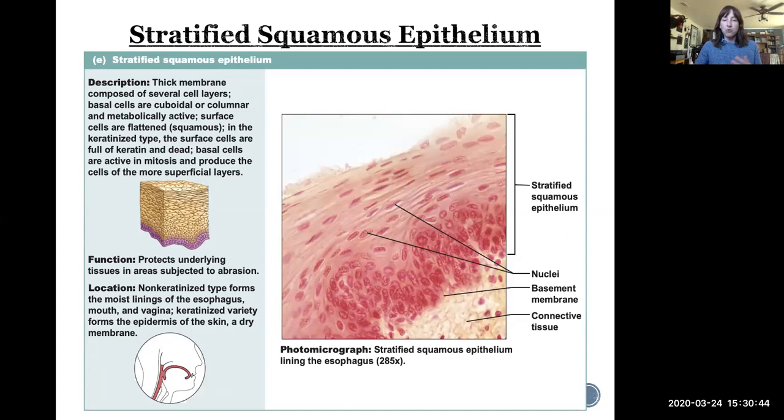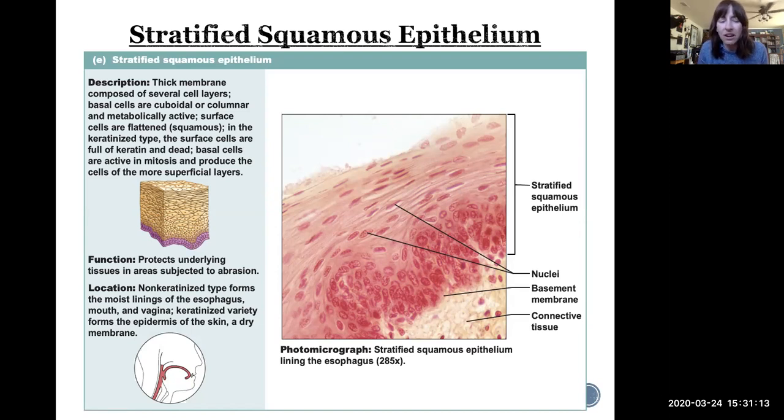We saw simple squamous, which would be a single layer of cells like this. Stratified squamous is when we have multiple layers, like the strata of the earth, lots and lots of layers of very thin pancake-like cells. We're talking about the cell type on the apical surface. If you looked at the cells on the basal surface, they would look more cuboidal.